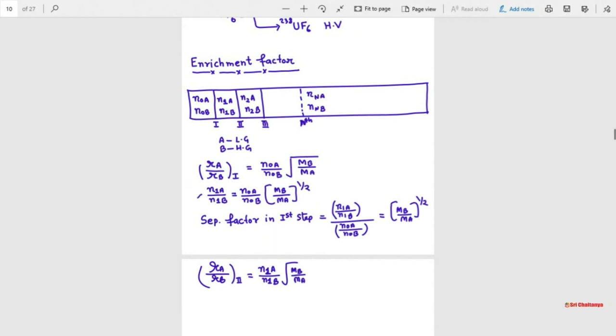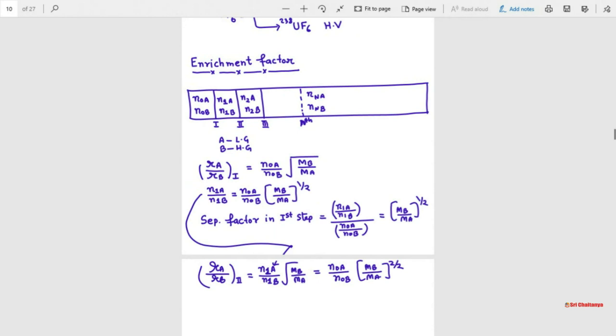So if I put this value over here, we can write N1A upon N1B is equal to N naught A upon N naught B, molar mass of B upon molar mass of A to the power 2 by 2, because 2 times it is coming.